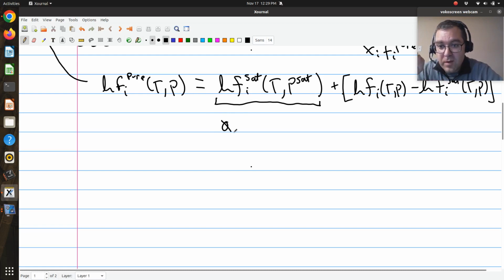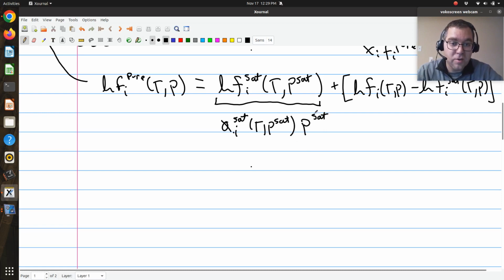And the reason for doing that is, if I expand like we did before, then the fugacity of component I at saturation would be equal to the fugacity coefficient of component I at saturation at T and P sat. Remember, this is a pure component state, times just the pressure, where here the pressure would correspond to the saturation pressure. Okay, cool. So this first term, I'm just going to write as fugacity coefficient at T and PSAT times PSAT, right?